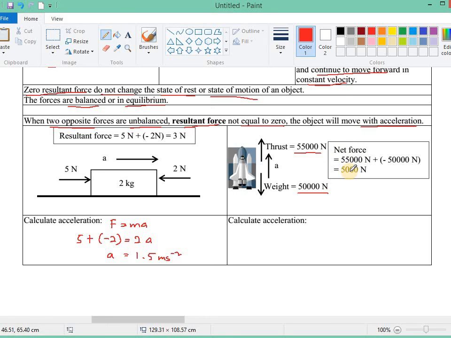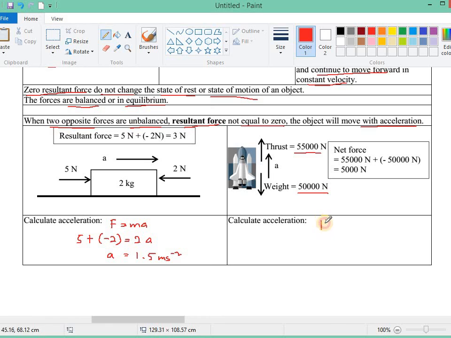Net force is actually the same as resultant force, but net force basically just means the total force, or the extra force. So the net force will be 5,000 Newton, or the resultant force is 5,000 Newton.